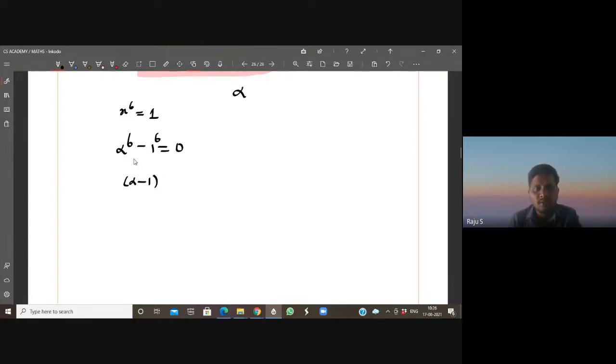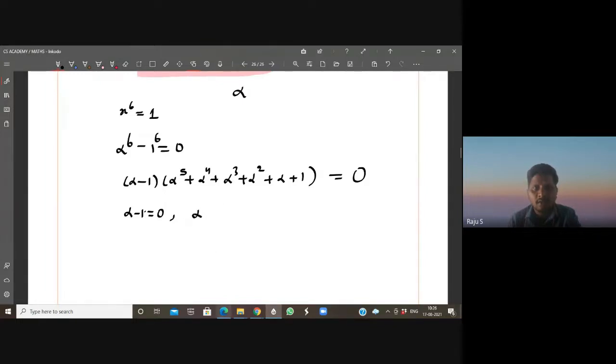So alpha minus 1 into alpha power 5 plus alpha power 4 plus 3, 2, 1 like that, alpha cube plus alpha power 2 plus alpha plus 1 is equal to 0. If it is alpha power 16, let us consider 16 minus 1: alpha minus 1 into alpha power 15, 14, 13, like that we can write. This is one of the properties, right? With the help of this, alpha minus 1 is equal to 0. This is one of the roots.